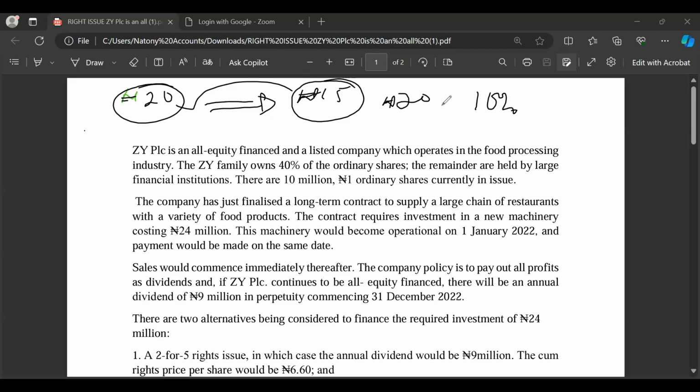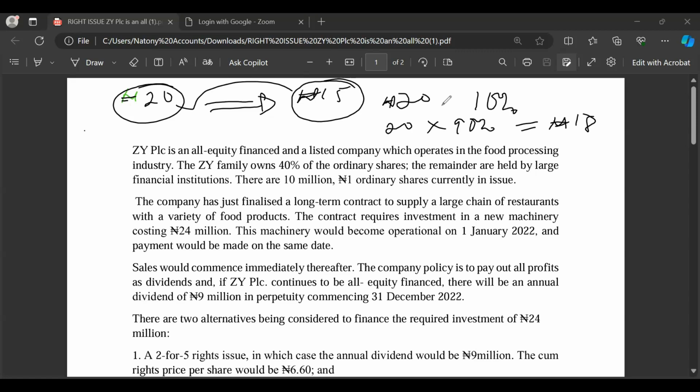If that is the case, how do you determine the right issue price? At a discount of 10%, it means the right issue price will be 20 naira times 90%, which will give you 18 naira.